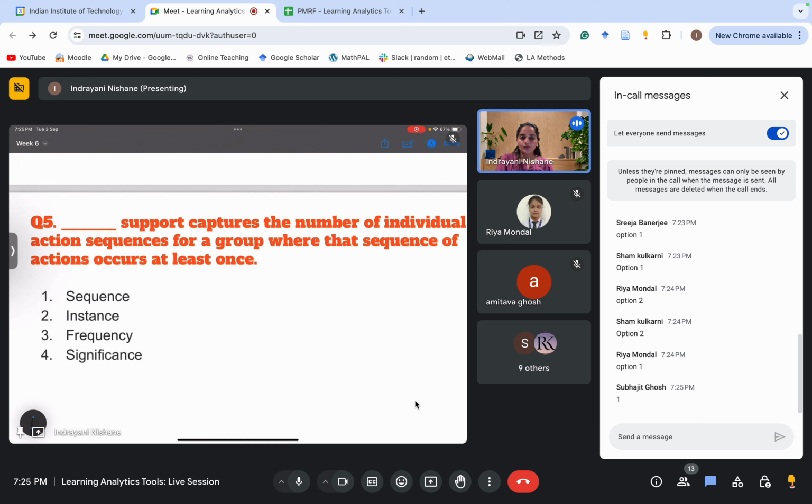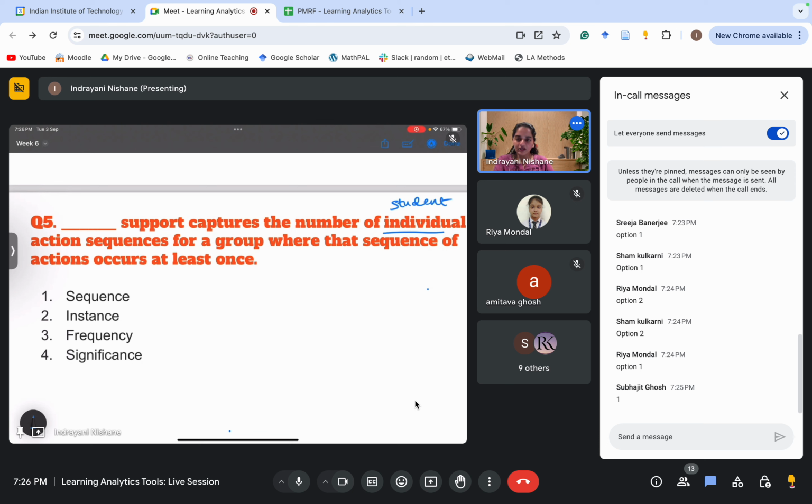So let us try to break down what we are reading. --support captures the number of individual action sequences for a group where the sequence of action has occurred at least once. So individual is a student in our case. So we are capturing the number of students where that sequence of action has occurred.